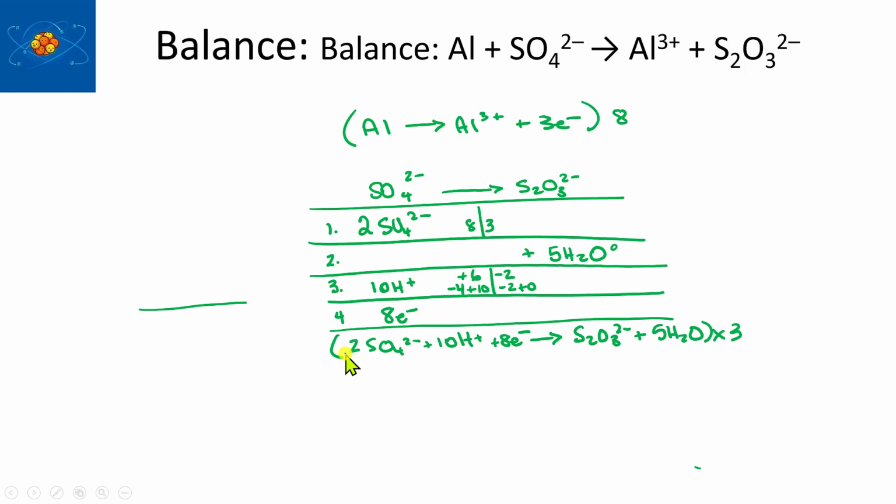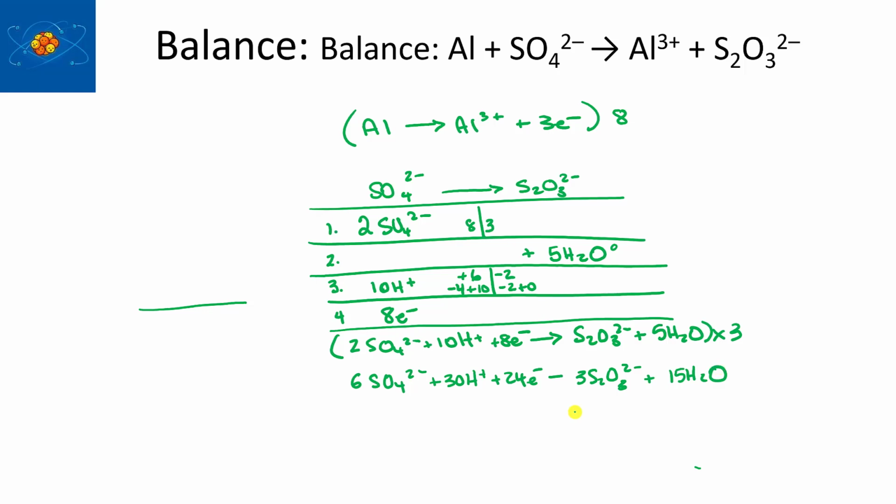I'm going to have 6 SO4 2- plus 30 H+ plus 24 electrons. That's the common factor that I was shooting for to get to balance. And then I'm going to have 3 S2O3 2- plus 15 H2O.